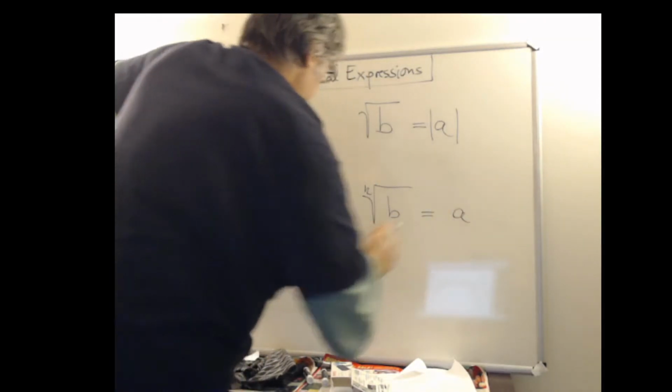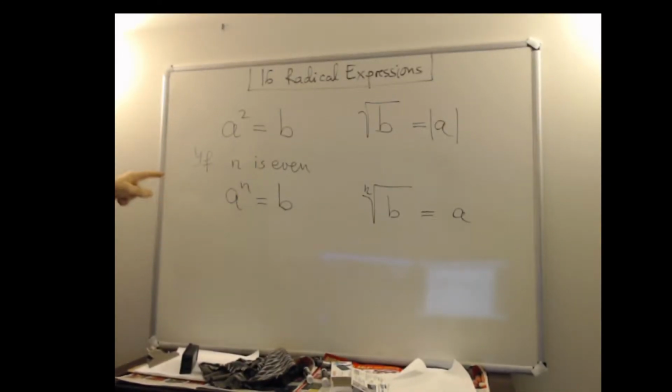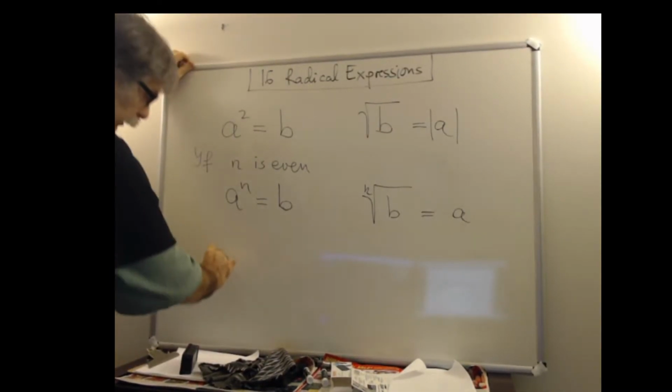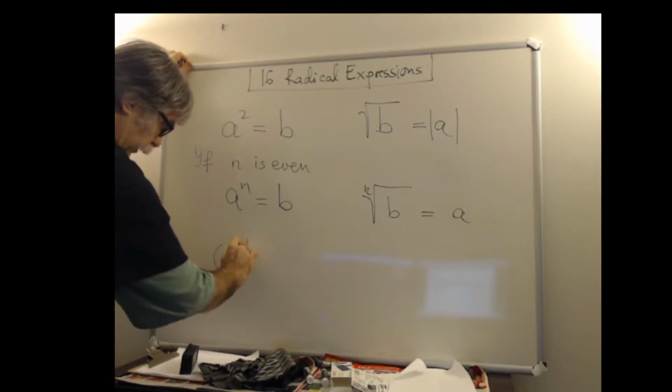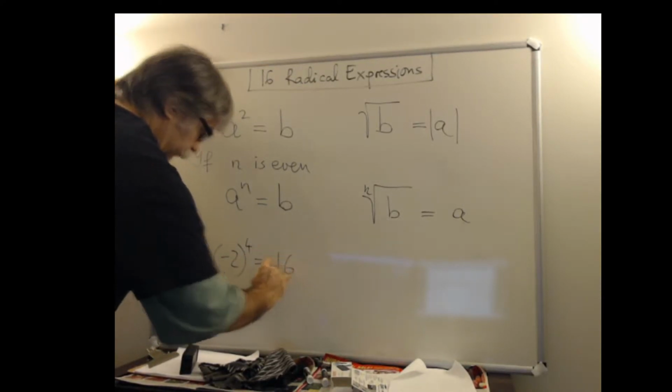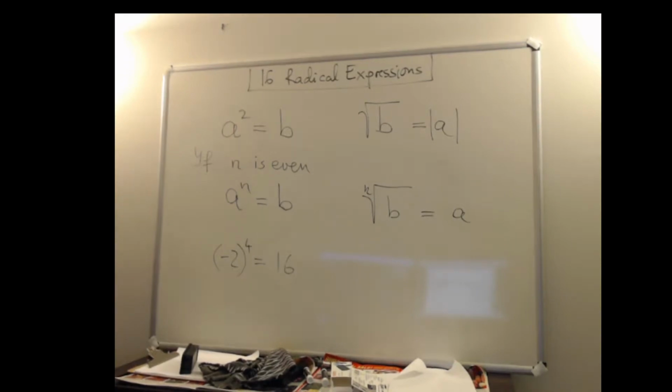I'm going to get the a, but a could be negative, like negative 2, and you make a 4th power, you get 16. Negative 2 times negative 2 times negative 2 times negative 2 is 16.